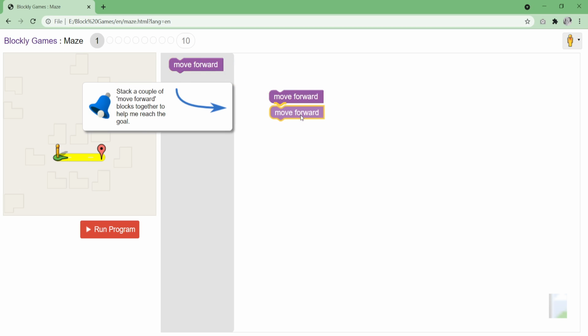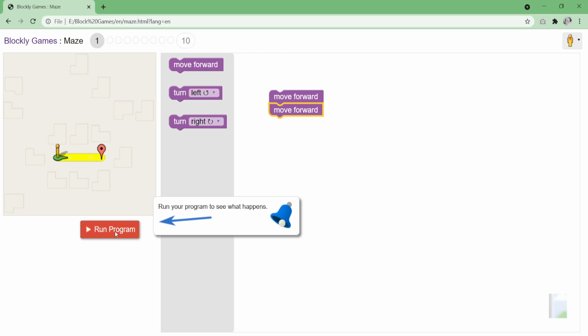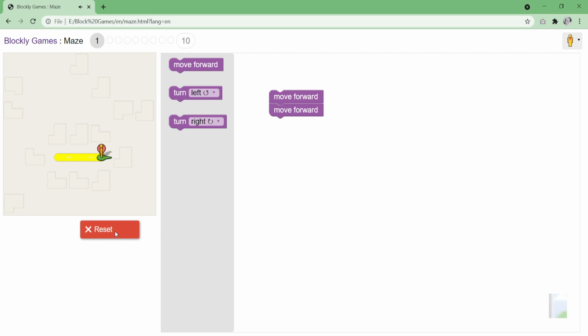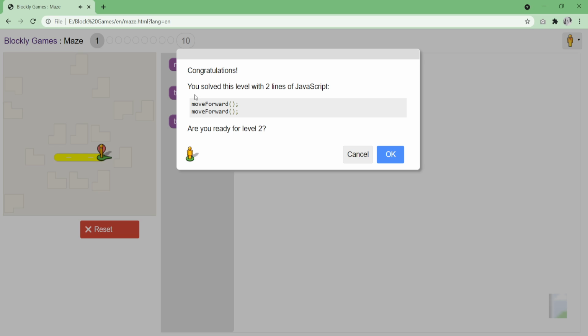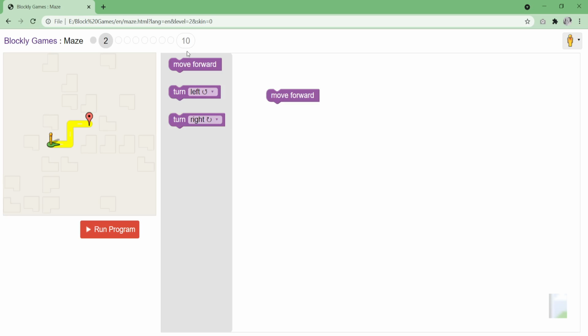So we have to stack up, then run the program. The code is move forward, move forward. Two lines of JavaScript.